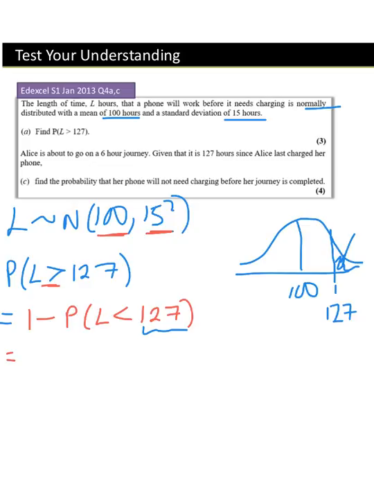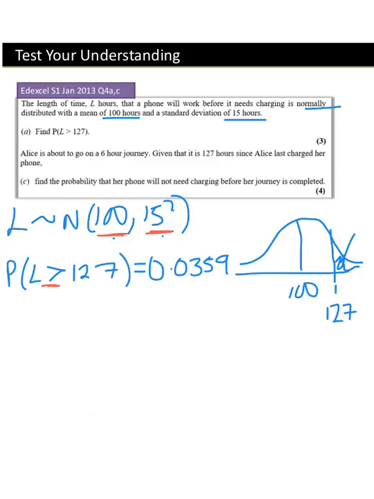So I put in my upper bound as 127, my lower value is 15, I put in my mean as 100, standard deviation 15, and I got 0.9641. So that becomes 1 minus 0.9641, which gives me a probability of 0.0359.